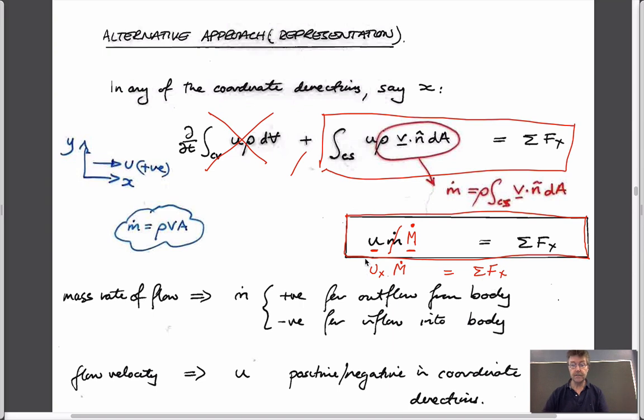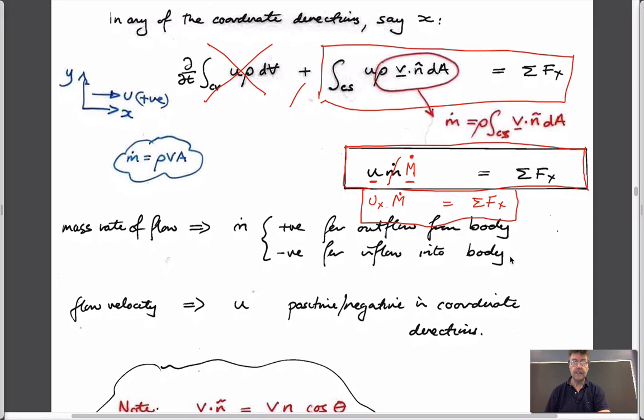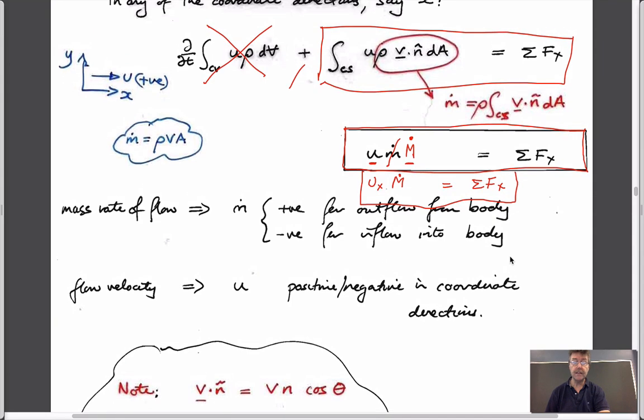Guided by the previous figure, mass flow rates are always positive if they're outflow, and always negative if they're inflow.